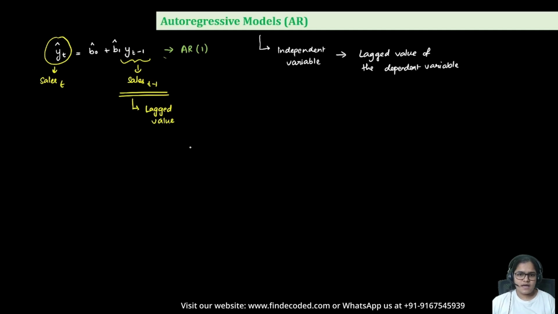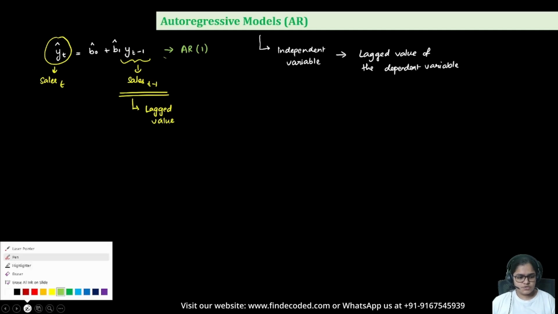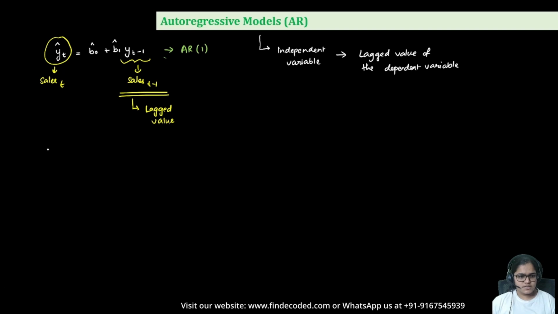Like this, I can have multiple lags also. So for example, if I write an equation like this, that sales of the current period is dependent on some intercept term, some slope coefficient, and then I'm saying sales of the previous period plus sales of two previous periods, and let's say sales of three previous periods.